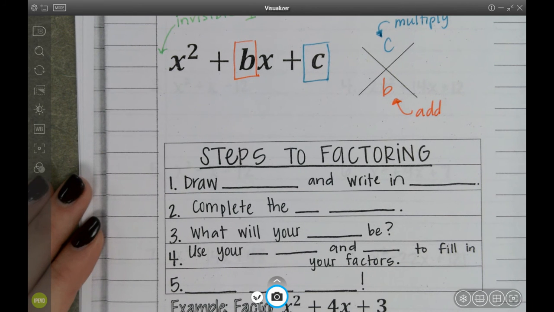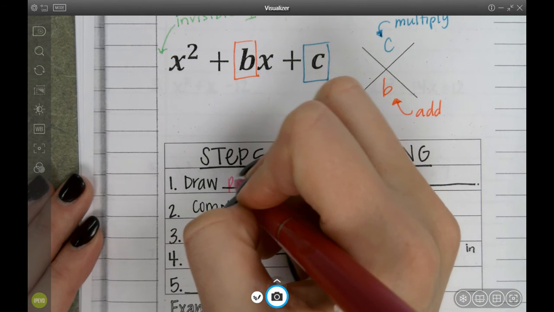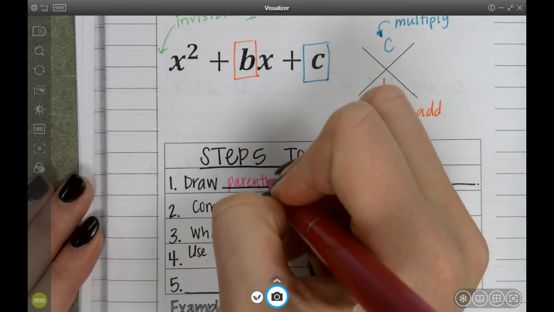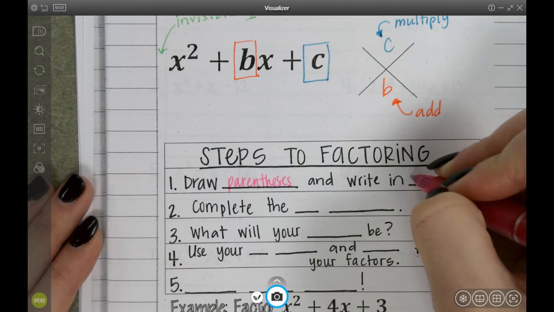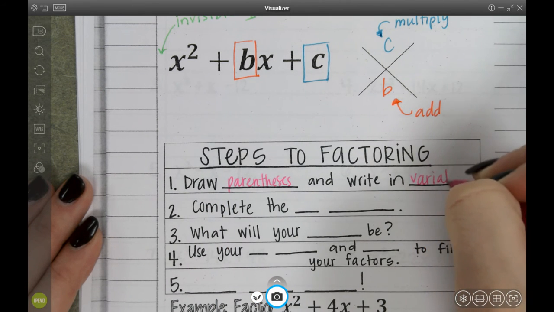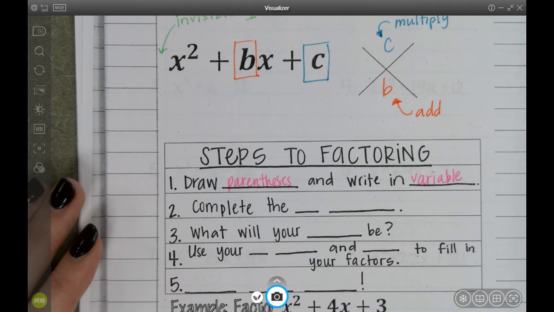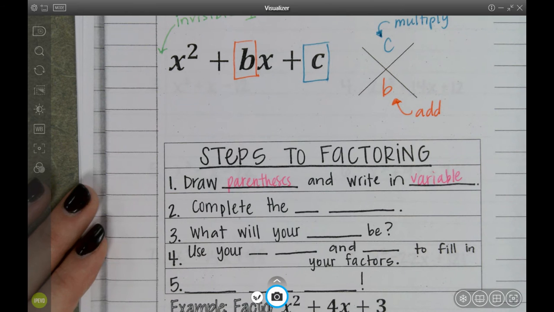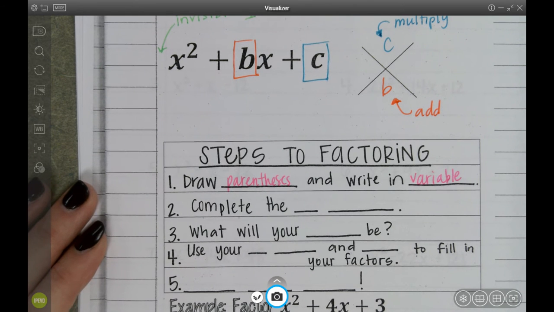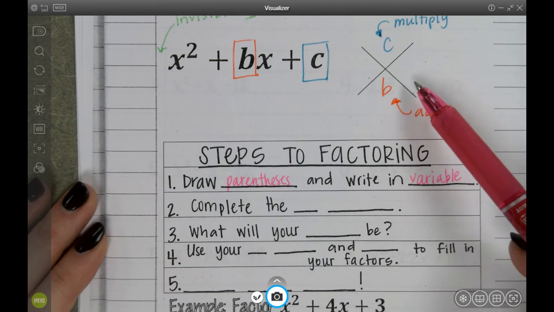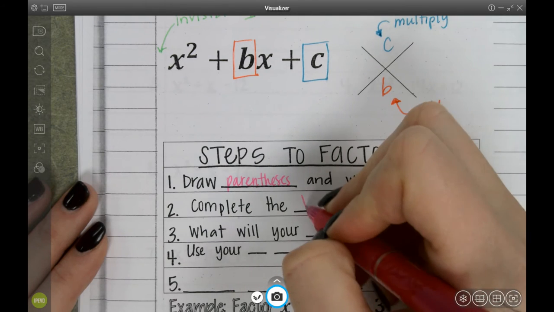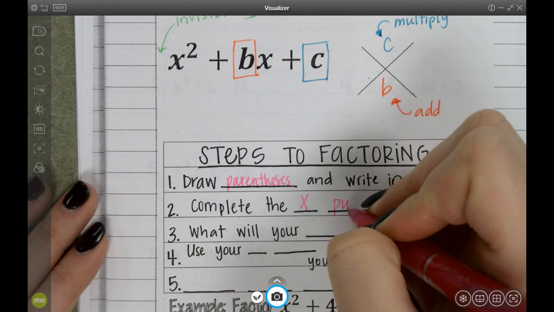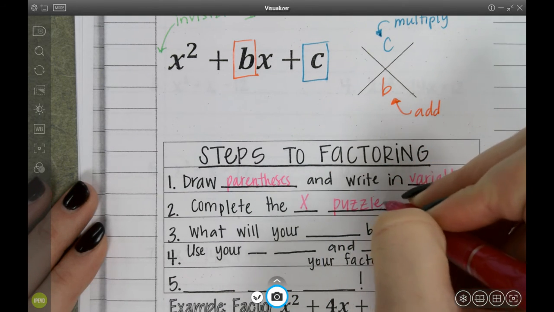So our steps for factoring. The first thing, you're going to draw the parentheses and write in the variable, whatever it may be. Then you're going to draw and complete this X puzzle. I don't know what else to call it, but an X puzzle.